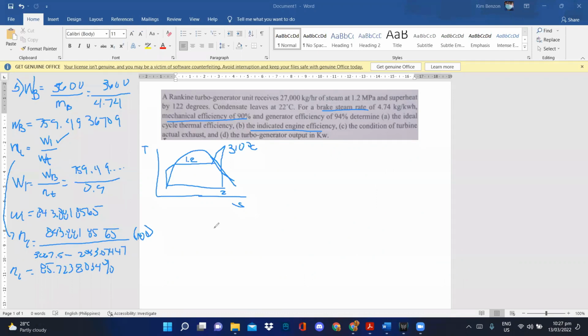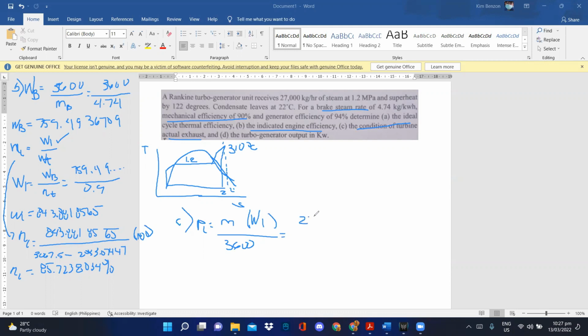Next one. For your letter C, condition of turbine actual exhaust. So therefore, meron na tayong actual exhaust, turbine. So ano ito ba? Ito yung 1 to 2. So nandito yung turbine. So magkakaroon tayo ngayon dito ng brake line, which is your 2 prime. So your actual exhaust, turbine actual exhaust, so your indicated pressure, which is equivalent to your mass flow rate, multiplied by your indicated work all over your 360, which is yung conversion.